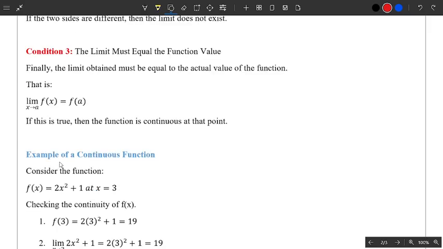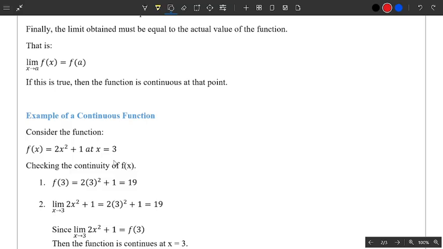Let's look at some examples of continuous functions. Let's consider this function here, f of x equal to 2x squared plus 1 at x equal to 3. Now, let's use our conditions. When we take f of 3, the functional value, and substitute 3 into it straight, we get 19. Now, taking the limit of that function as x approaches 3, we get the same value.